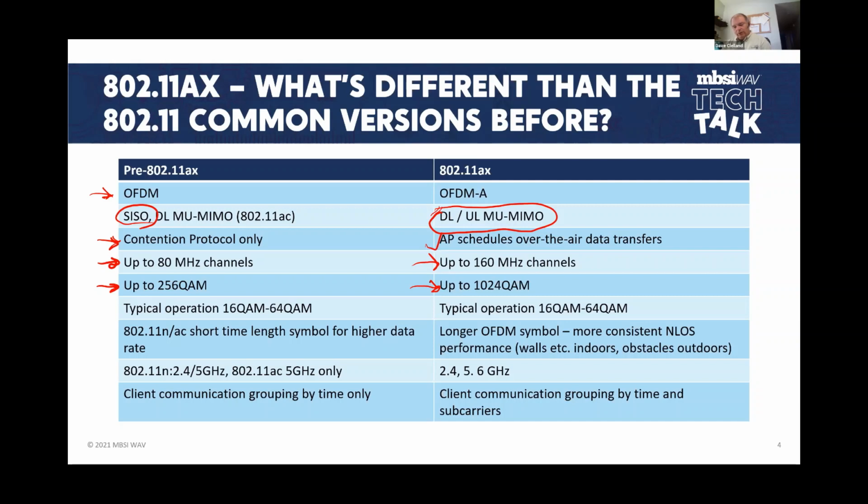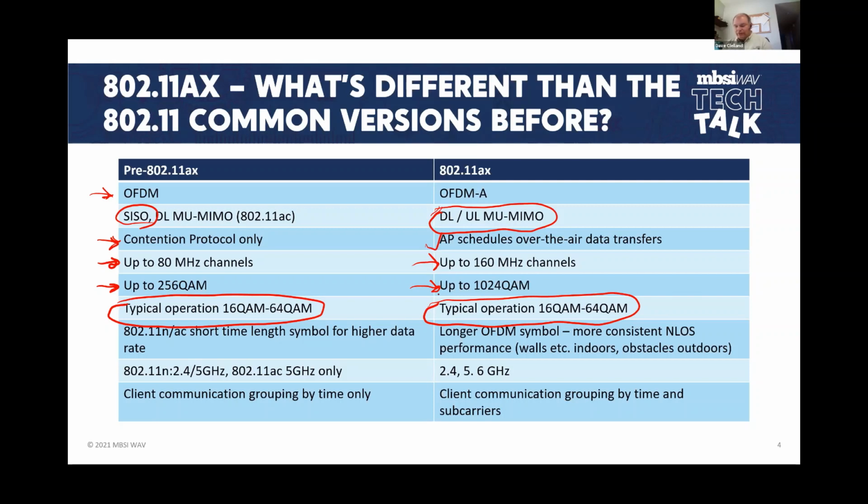So when we see a spec like this, up to 256 QAM or up to 1024 QAM, just keep in the back of our mind that in typical operation in both networks we are going to be operating in the same range that we always did before, because our signal quality hasn't improved a lot. The Wi-Fi client is still a Wi-Fi client. Your laptop still has the small patch type of antennas inside, and your phone the same thing. So that's not any different.